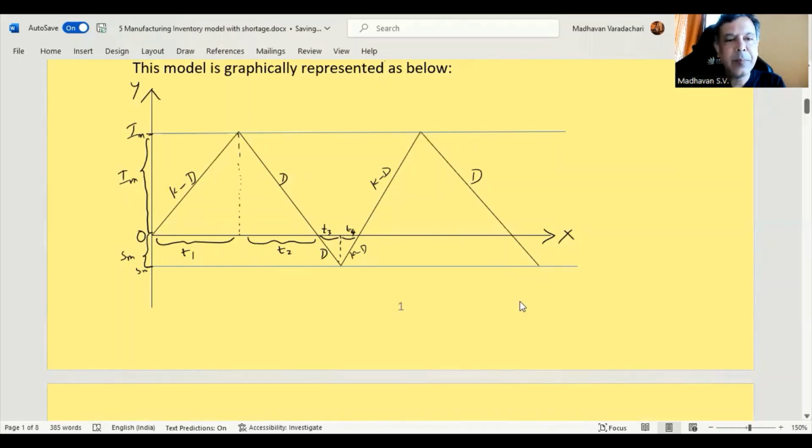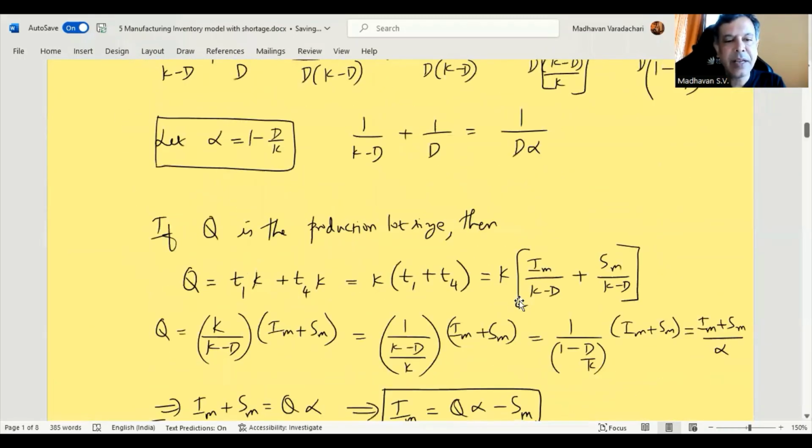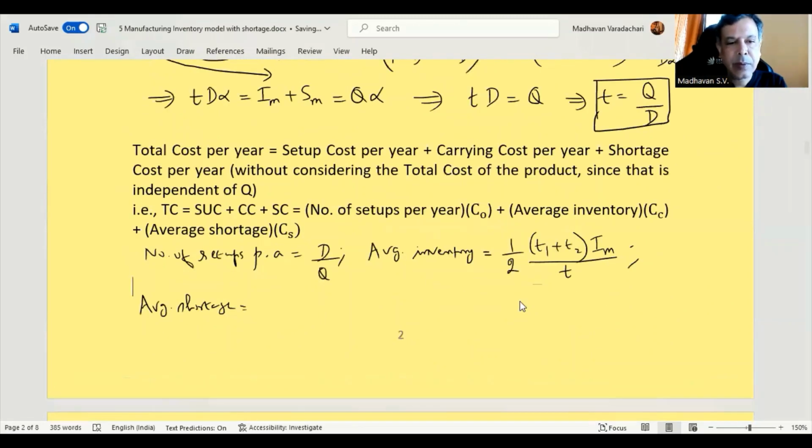And the total cycle time is T. So it is half times the base, which is T3 plus T4, times height, which is SM, divided by the total cycle time T. So that will become your average shortage.